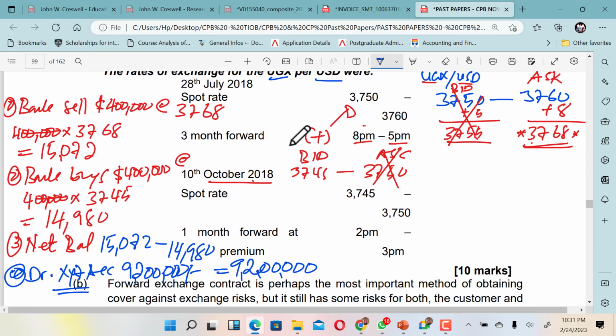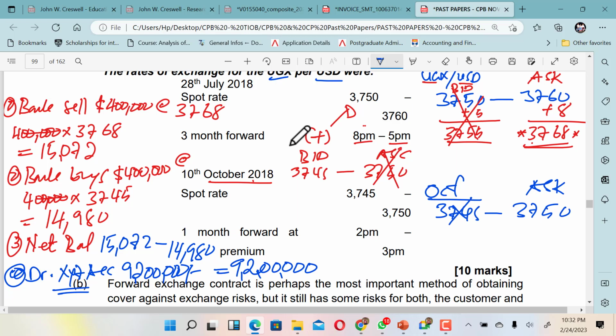Now, the October spot rates are 37.45 to 37.50. Okay. Now our interest is the selling. This one. This is our interest. You don't need this one.